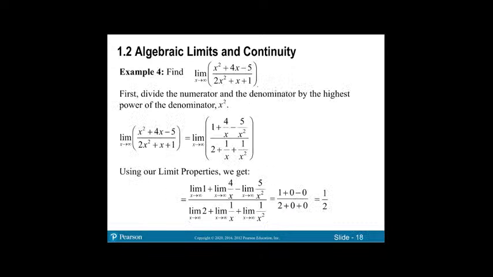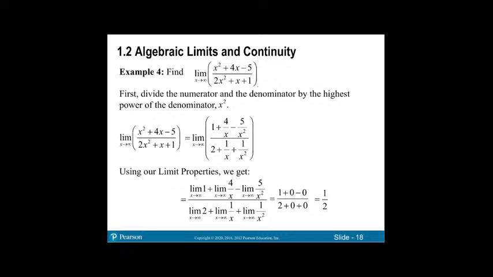So as x goes off to infinity, I kind of wish I had prepped this one, but we'll use the slides, right? Now we can't just plug in infinity directly because I think we'll get infinity over infinity. So what we can do is factor out or divide the numerator and the denominator by the highest power in the denominator. So if we divide each term by x squared, we get the following.